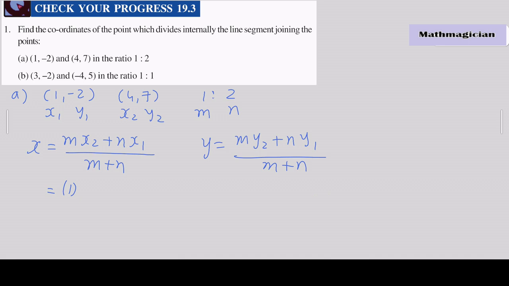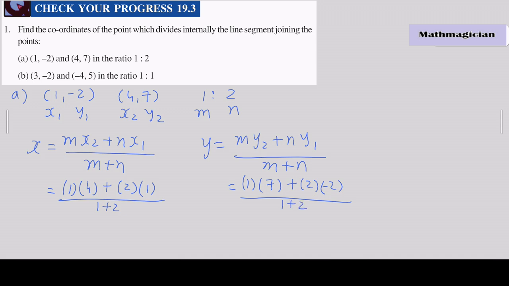Always substitute values in brackets. x2 is 4 plus n is 2 and x1 is 1, upon 1 plus 2. Same here, m is 1, y2 is 7 plus n is 2, y1 is negative 2, upon 1 plus 2.